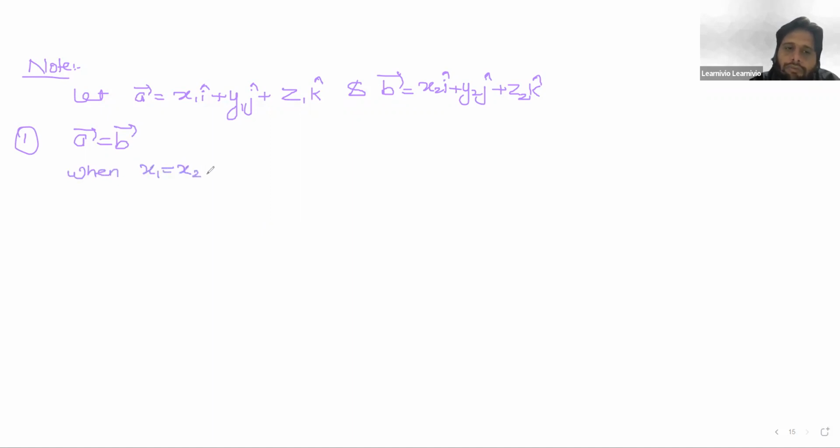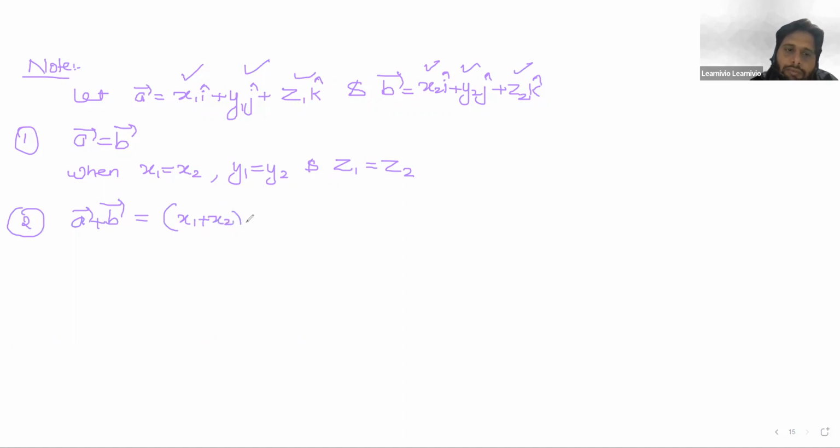That means x1 equals x2, y1 equals y2, and z1 equals z2. Second, A plus B: add the components, so (x1 plus x2) i cap plus (y1 plus y2) j cap plus (z1 plus z2) k cap.